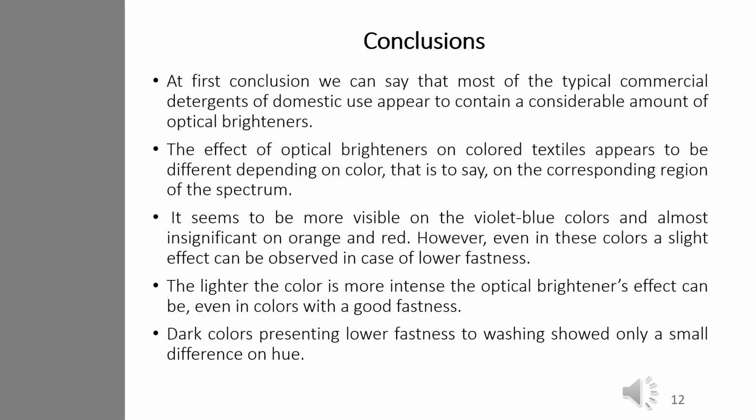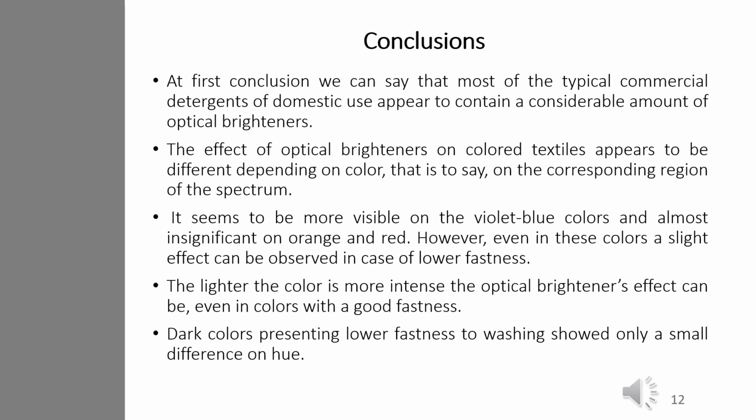The lighter the color is, more intense the optical brightness effect can be, even in colors with good fastness. So, the optical brightening effect is also related with the fastness. So, the colors which are lighter, the optical brightening effect is more intense as compared to the colors which are darker.